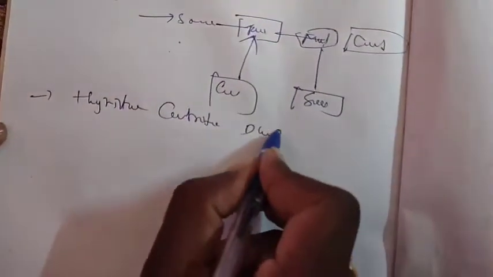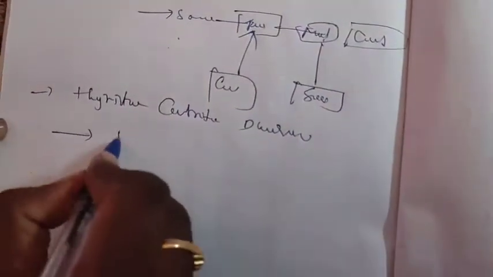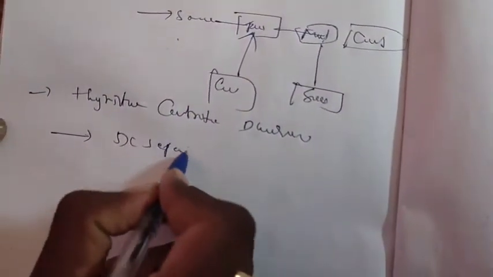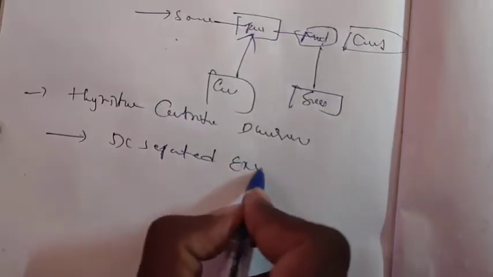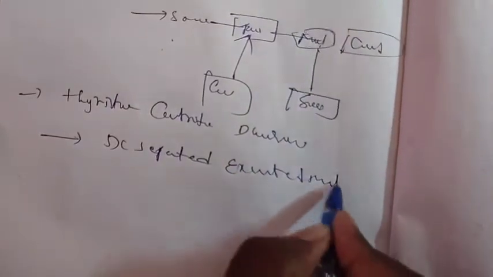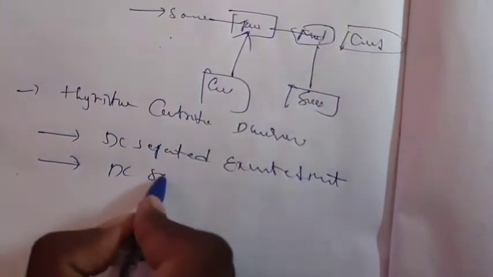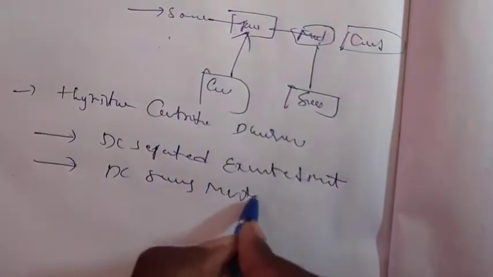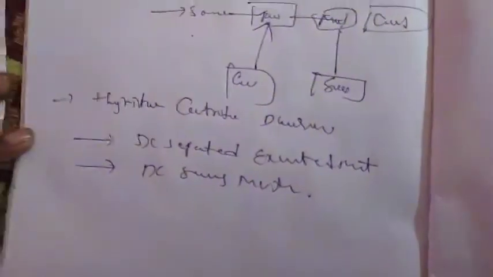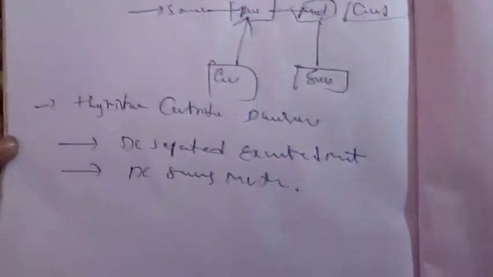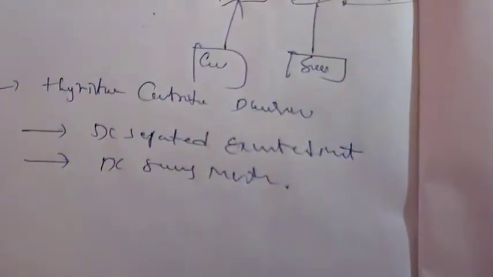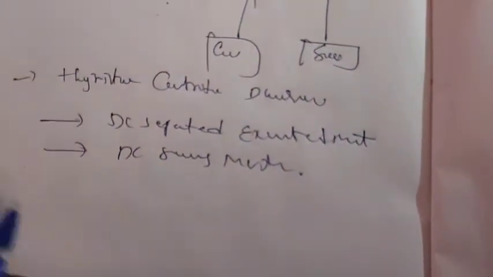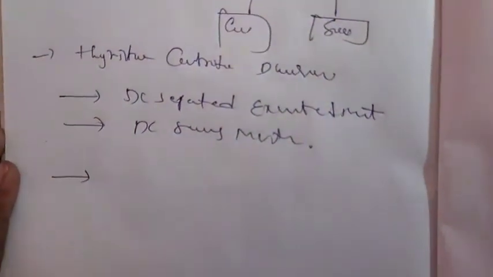controlled DC drives. In that, they are given DC separately excited motor and DC series motor. For these two drives, they are given under two converters.